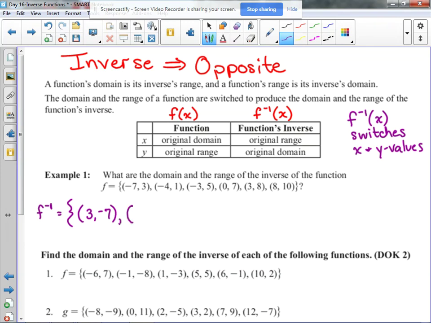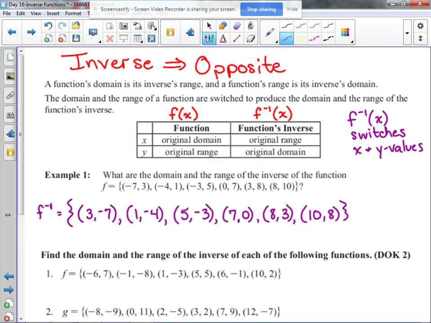So if -4, 1 is on the original, 1, -4 is on the inverse. -3, 5 is on the original, 5, -3 is on the inverse. 0, 7 is on the original, 7, 0 is our inverse. 3, 8 is the original, 8, 3 is on the inverse. And finally, 10, 8 is the last point of our inverse.